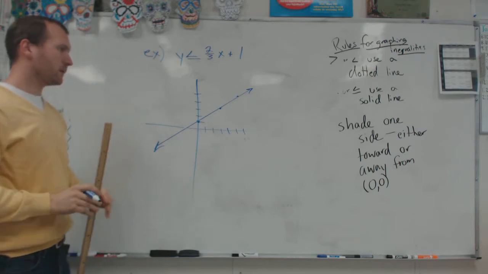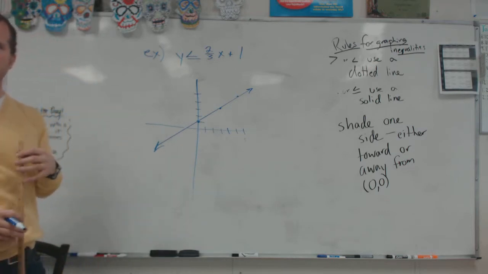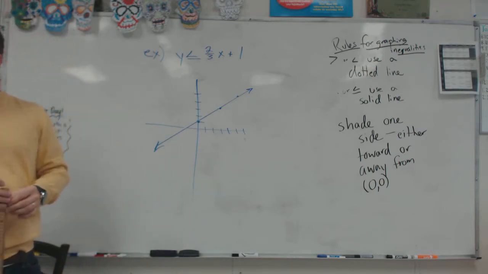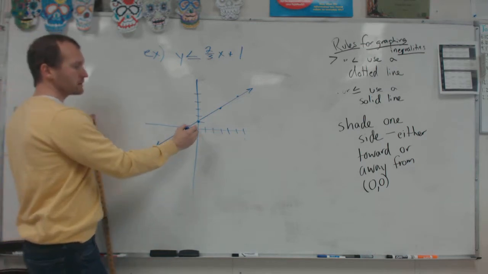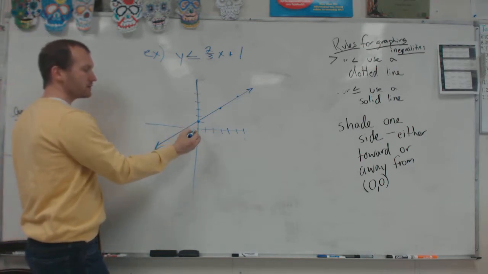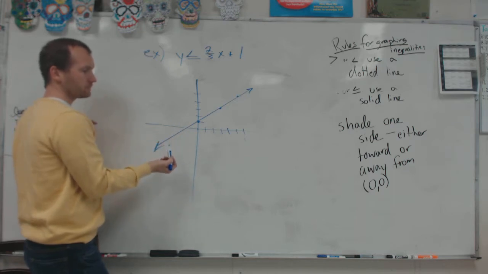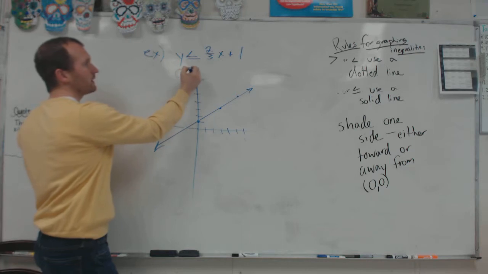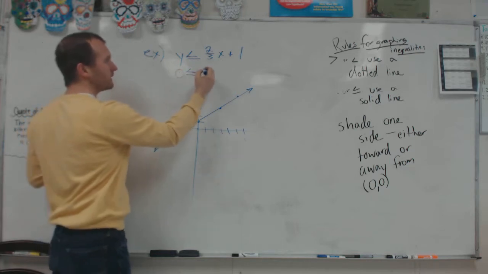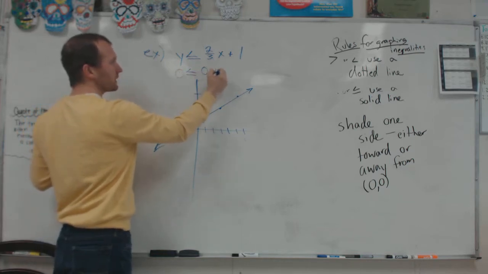Okay. Which side of this do I shade on? We don't know yet. What we want to know is, are we going to shade towards 0, 0 or away from 0, 0? So in this case, if 0 is y, is 0 less than 0 plus 1?